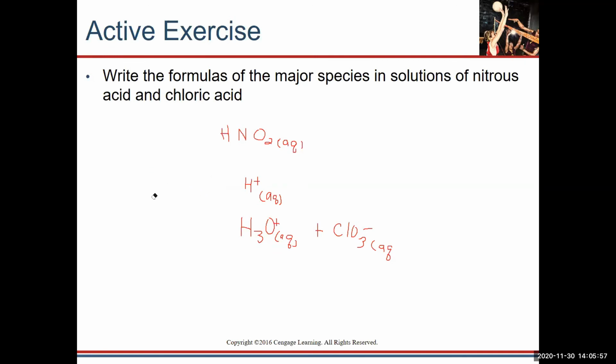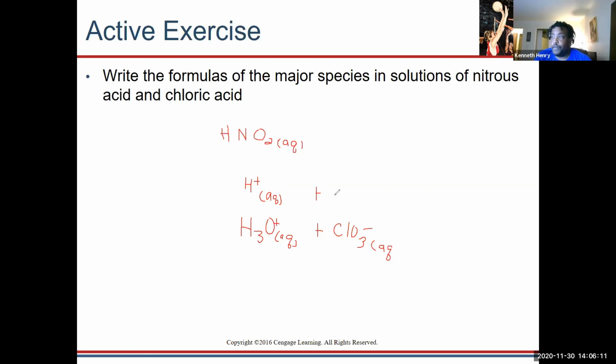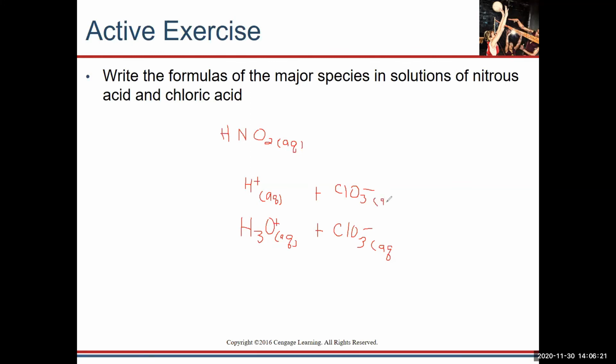And then that ClO3 would be next to the H plus too, right? Yeah. And I kind of like writing it the upper way because it's easier to keep track of that H plus. Oh, okay.